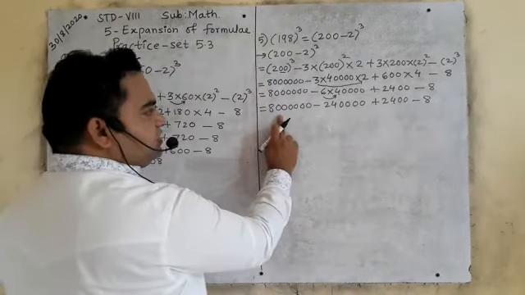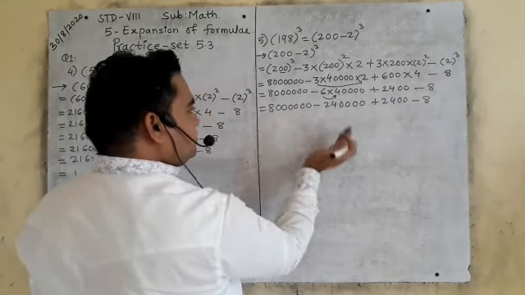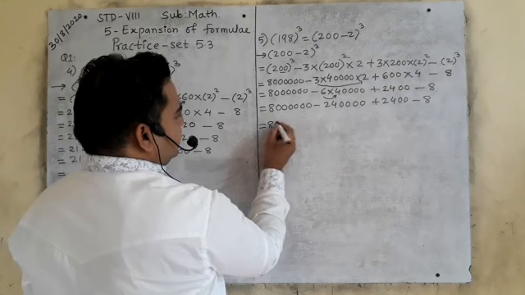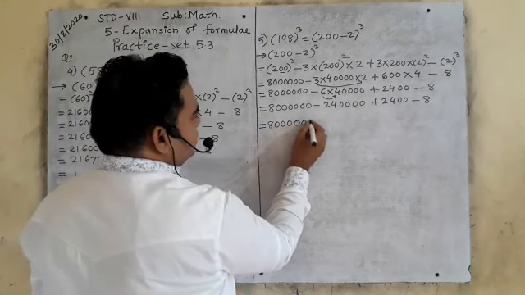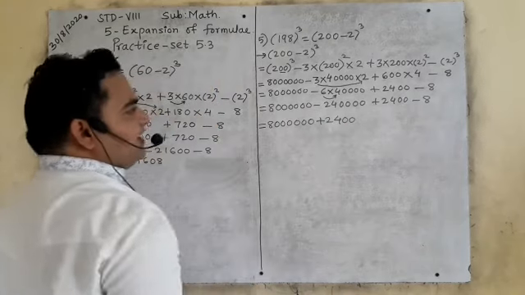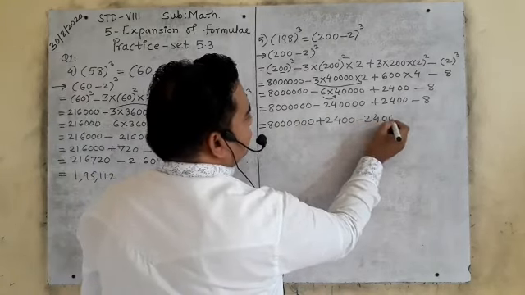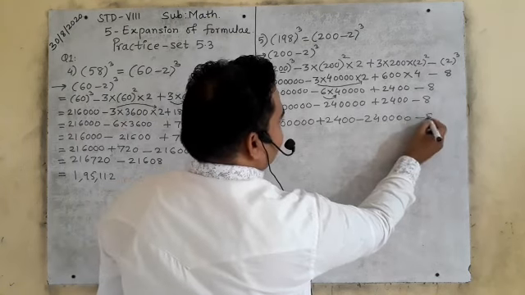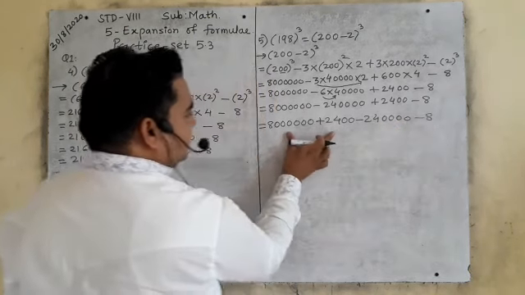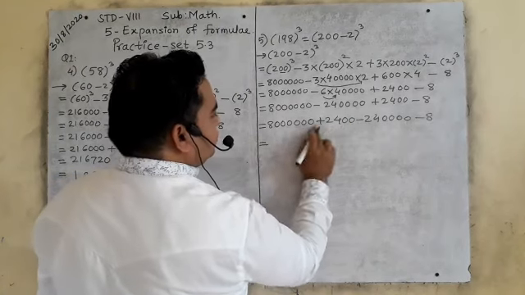Now this is a positive term, this is a positive term. See, they both are like terms. So like terms take together. 8000000 plus 2400. Okay, the like terms. What remains? This minus 240000 minus 8. They both are like terms. So now you will solve this, the addition of this.